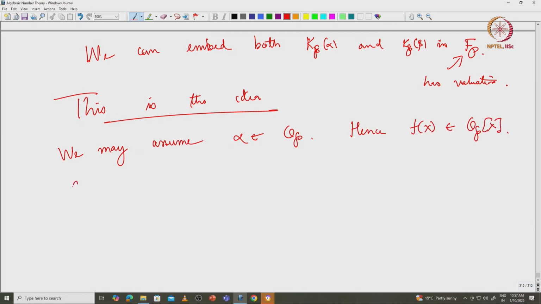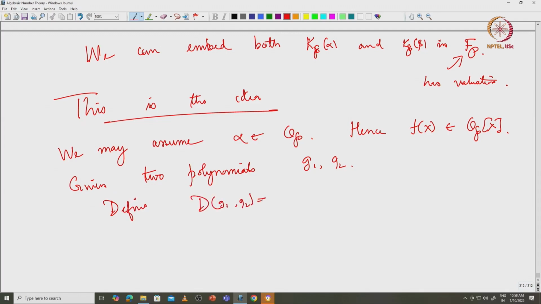Given two polynomials G1, G2, you define d of G1 comma G2 to be the product over all xi of G1 prime of xi, where xi runs through the roots of G2 of x equal to 0.